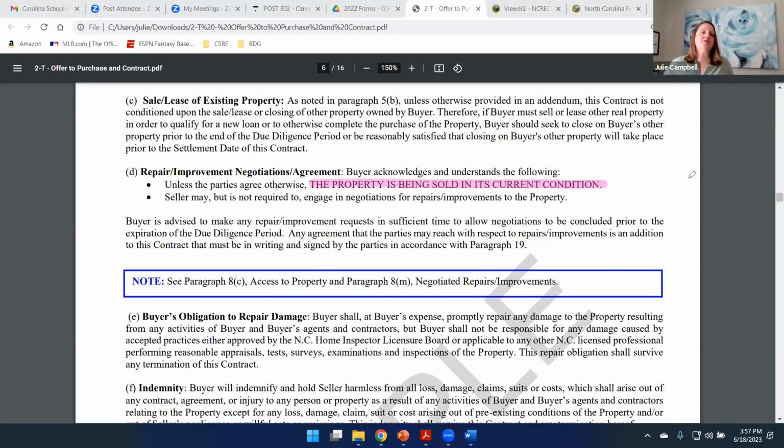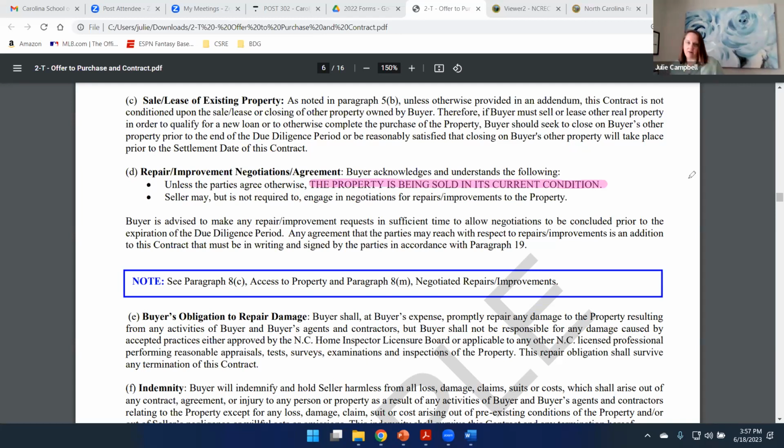If the seller agrees to do any repairs, anything, if they agree to change a light bulb, we need to amend that sentence. Because now this property is being sold with the understanding that the seller will change the light bulb. So if the seller agrees to do any repairs, we have a form that we'll look at next weekend.